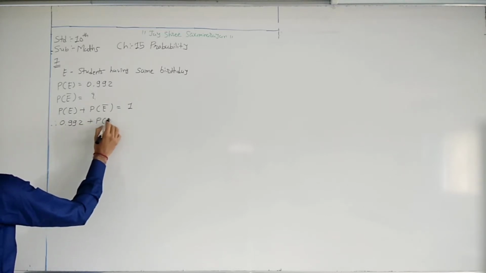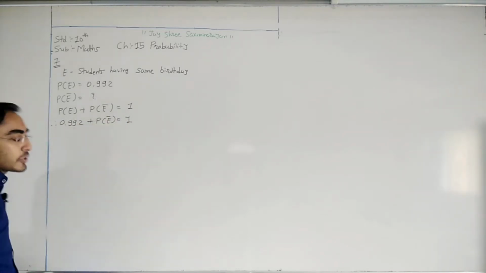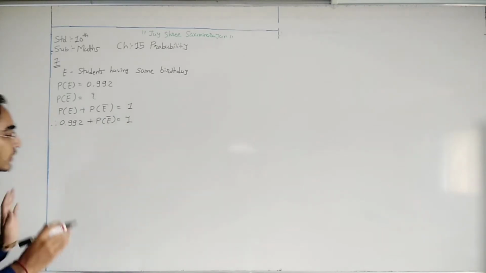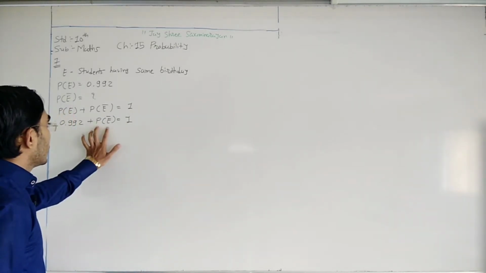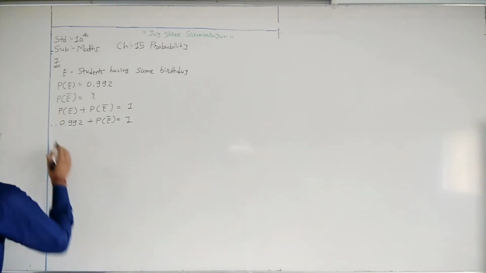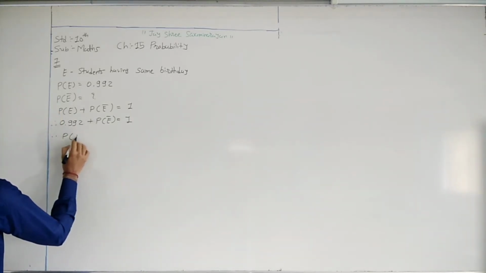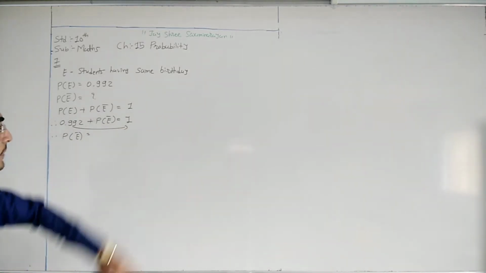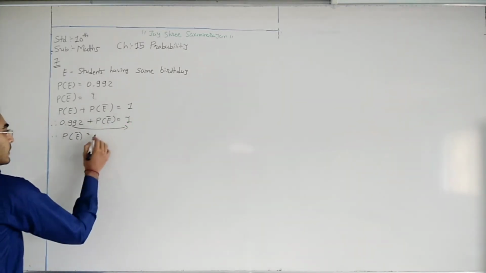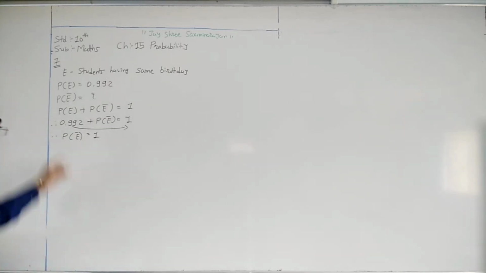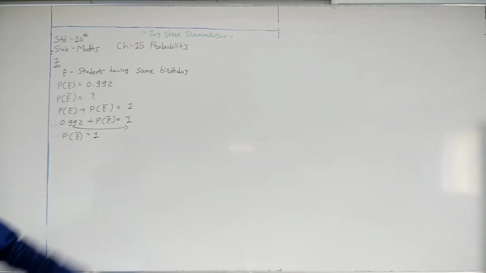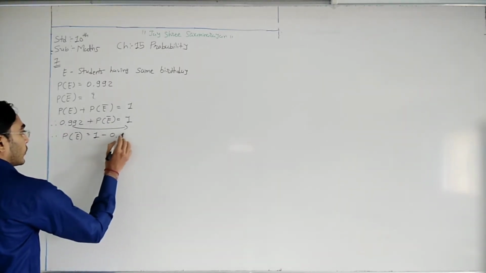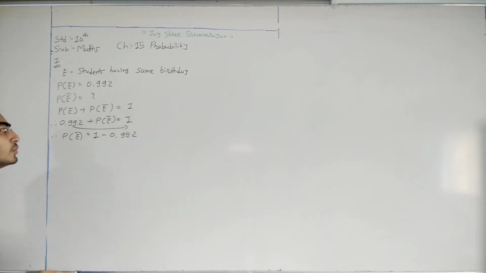Plus probability of E bar is equal to 1. Now for finding out the probability of E bar, we need to transfer 0.992 to the right hand side. Here we have 1. If we transfer this plus 0.992 to the right hand side, it becomes minus 0.992.